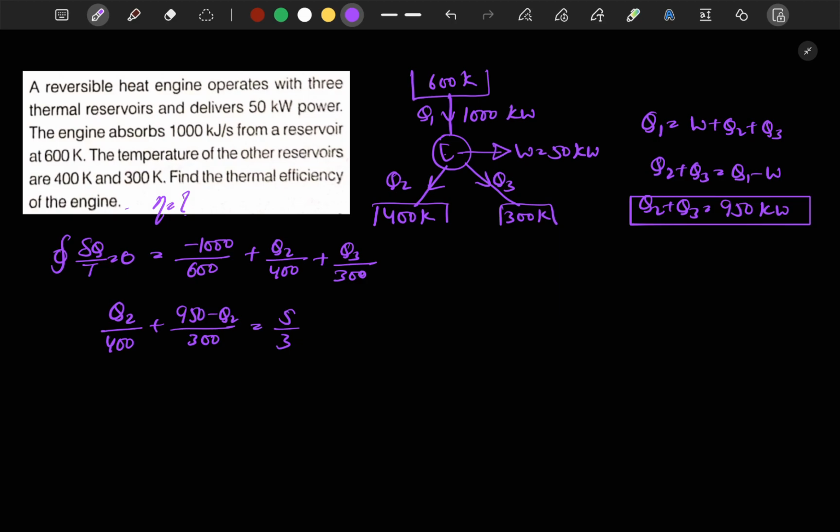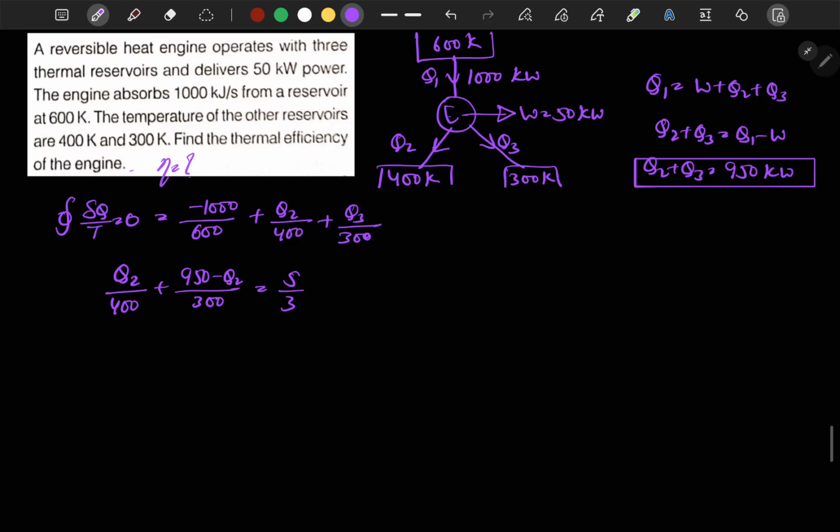Now from this we can calculate the value of Q2. What will be the value of Q2? To calculate the Q2 value we can write it as Q2 times 1 by 400 minus 1 by 300 is equal to 5 by 3 minus 95 by 30.